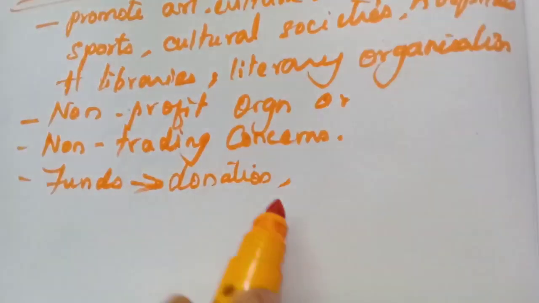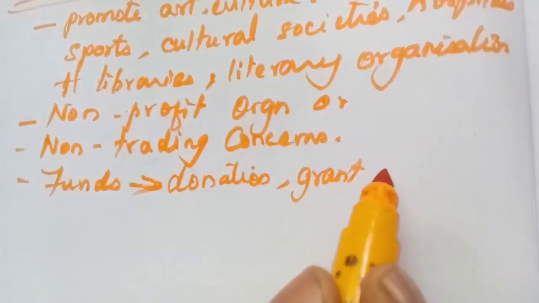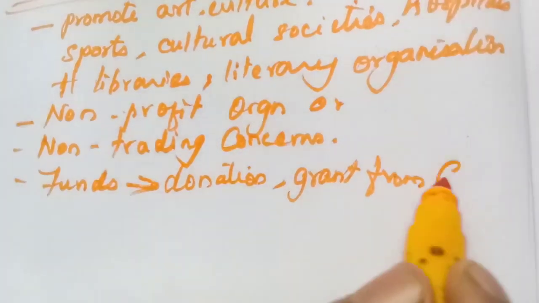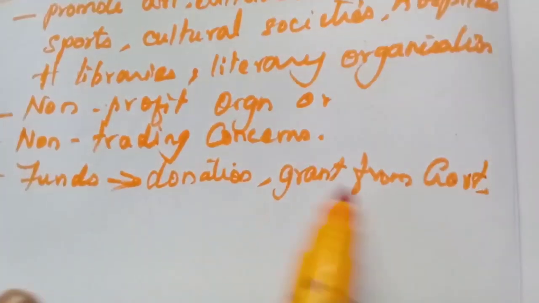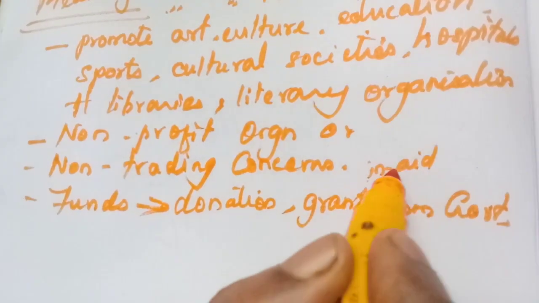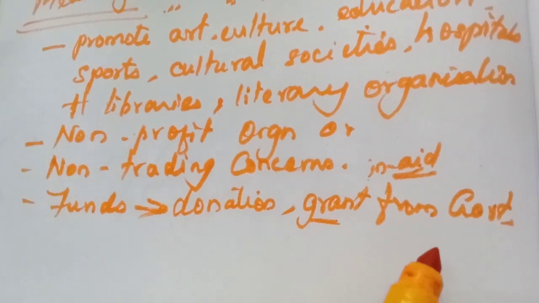Then they may also get a grant from the government. If it is a management school, they will get a grant from the government. We used to say aided school, isn't it? That is called grant in aid.